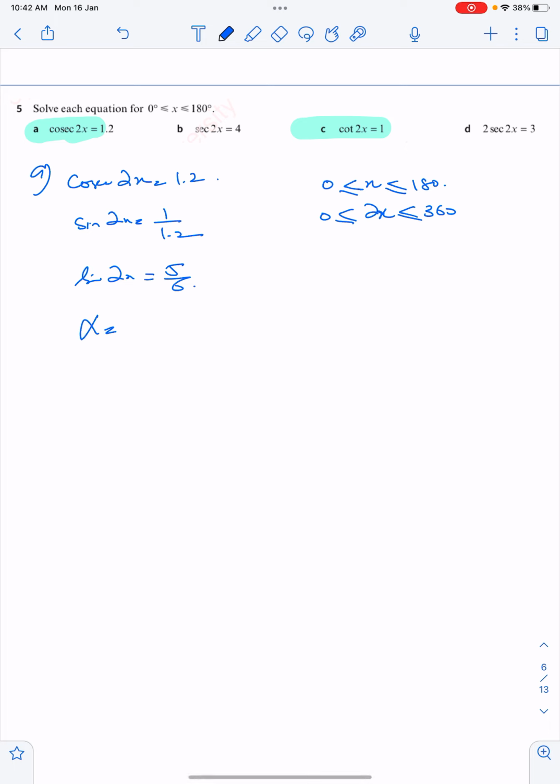Basic angle will be sine inverse of 5 upon 6, which is 56.44. Now I'll get the angles for 2x. I have to look for it in the first and the second quadrant, because sine is positive in the first and the second quadrant. So the first quadrant answer is 56.44, and the second quadrant it will be 180 minus 56.44.